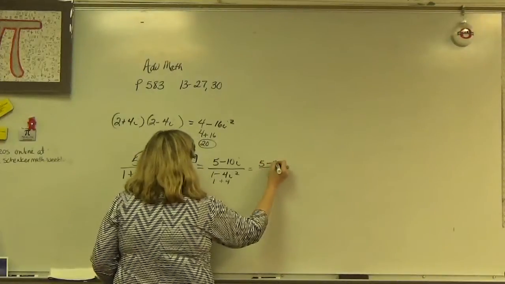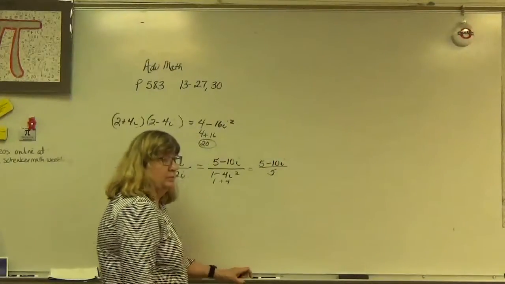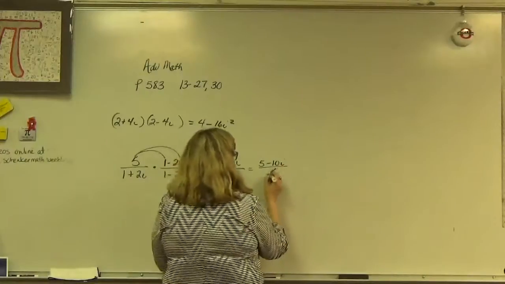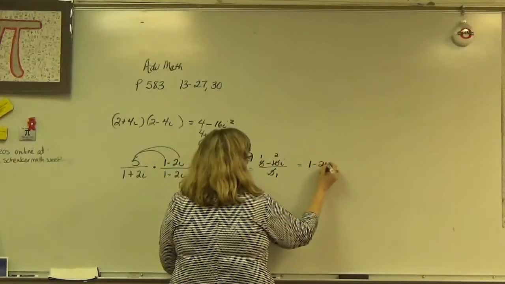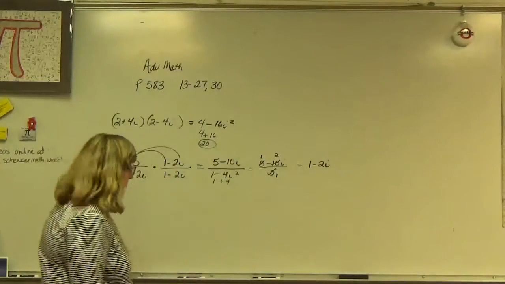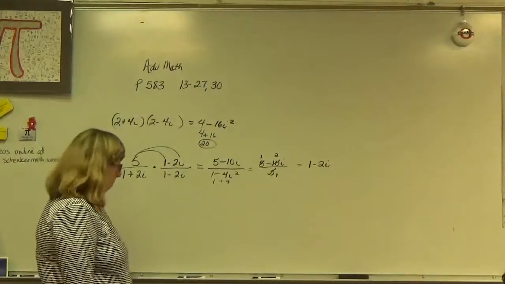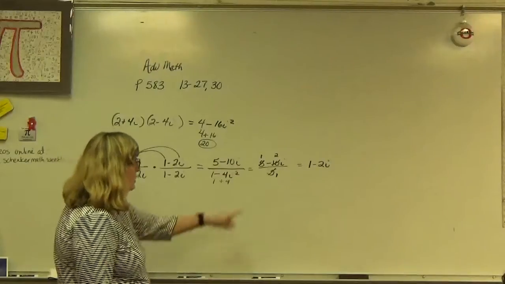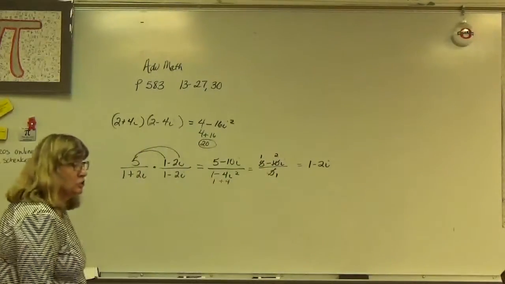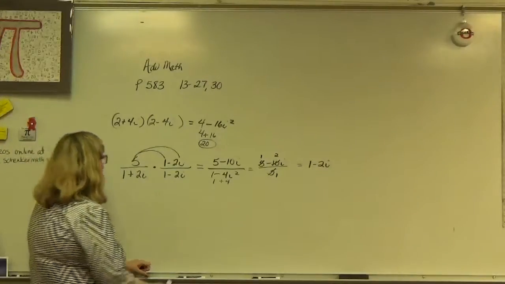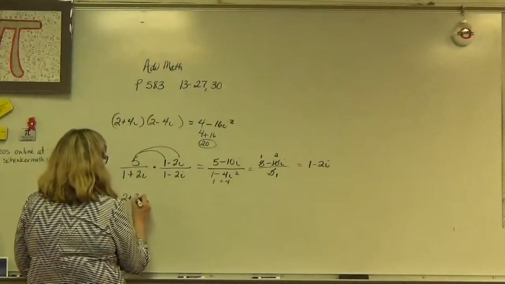And now, can I divide each of them by 5 to simplify? So 5 divided by 5, and 10 divided by 5. It's just negative 2i. Yes, that's why I divided everything. If I factored out the 5, it'd be back to everything. As long as you divide everything by the same thing, you're okay.